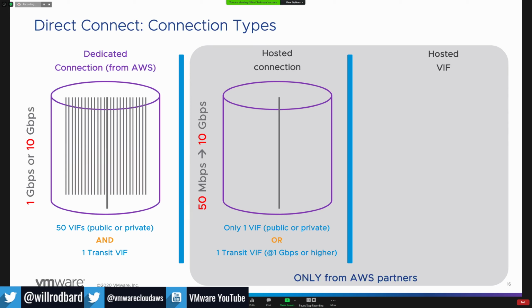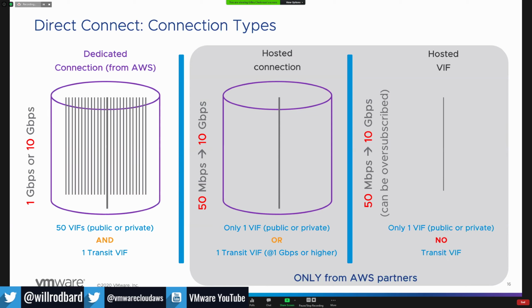Very important. And the third one is a hosted VIF. Again coming from partners, from 50 meg to 10 gig, it can be oversubscribed. I should say will be oversubscribed, because this is some kind of shared connection that your partner is giving you. And a hosted VIF has only one VIF. It's a public or private, but no transit VIF. So remember, if you want to go with transit gateways, forget about hosted VIF. You can go with hosted connection or dedicated connection.